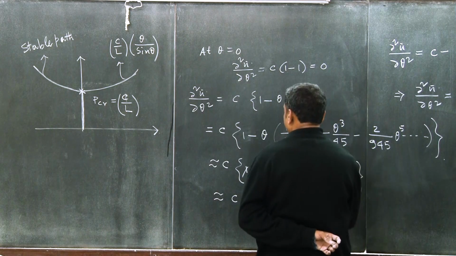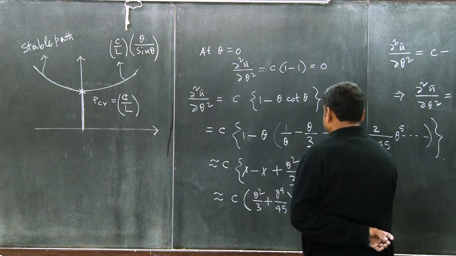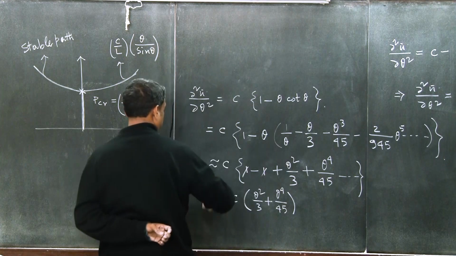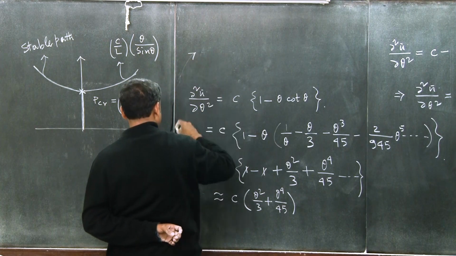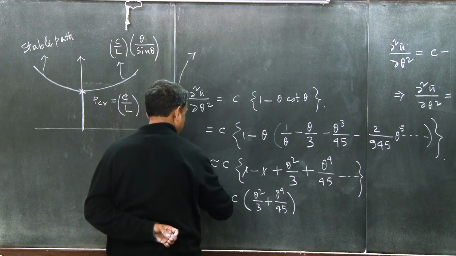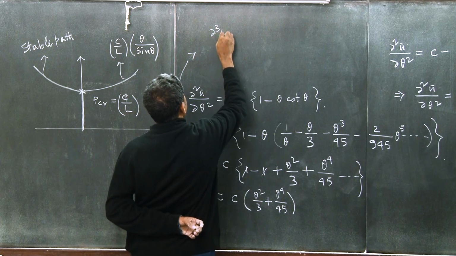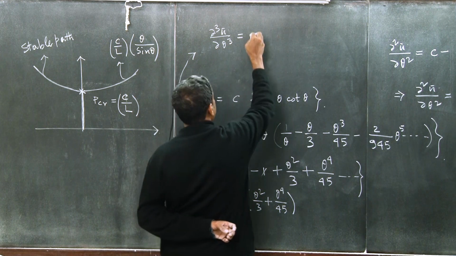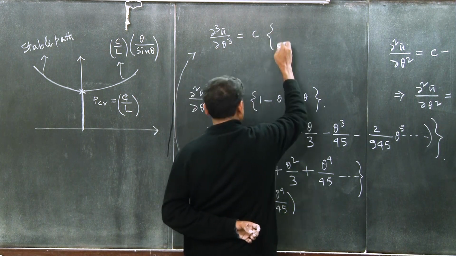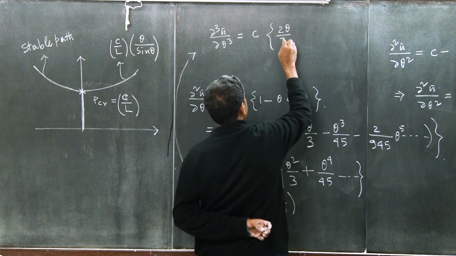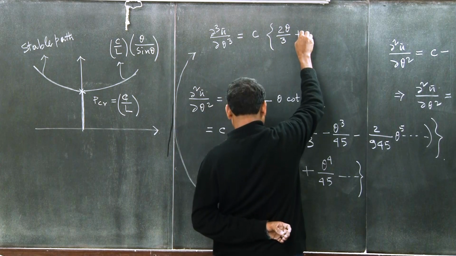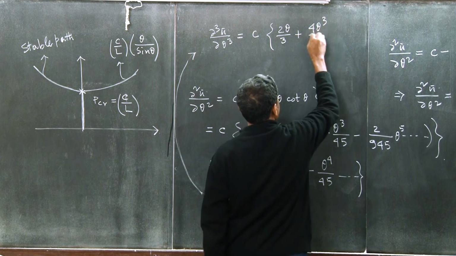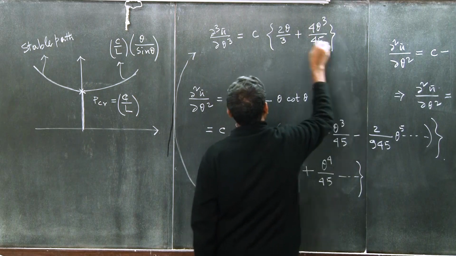So let us first then, from here I am going to come here. So del 3 pi del theta 3 will be 2 theta by 3 plus 4 theta cube by 45, approximate.